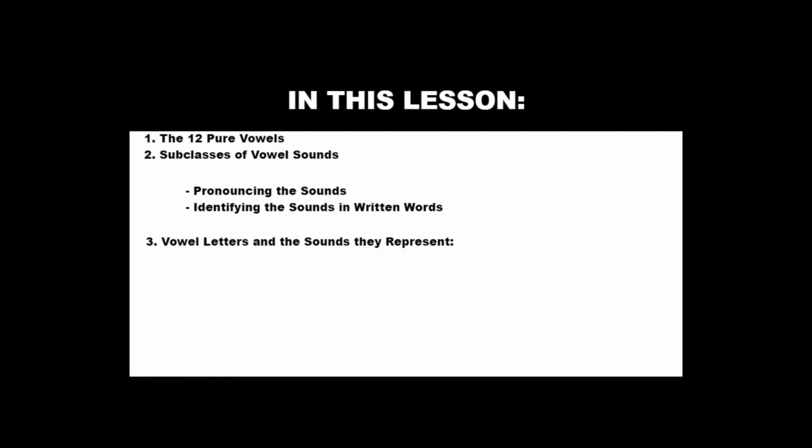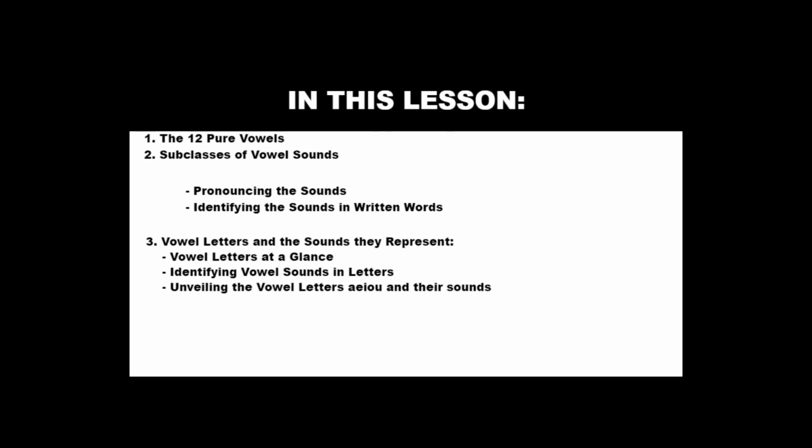Number three, we are going to look at vowel letters and the sounds they represent. Vowel letters at a glance, identifying vowel sounds in letters, unveiling the vowel letters A, E, I, O, U, and their sounds. We are going to look at all these and much more.